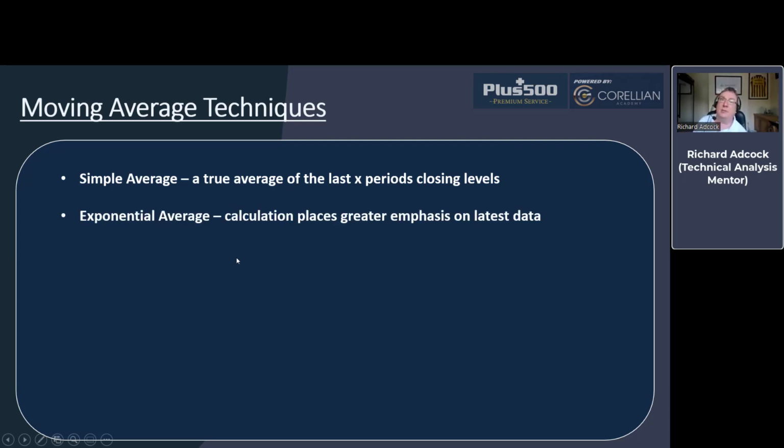Another type of average is an exponential moving average. Now, this is where the calculation places much greater emphasis on the latest data. So it will weight the most recent data by relevance. And basically, that means that we will see slightly earlier turning points within moving averages to reflect movement in price.